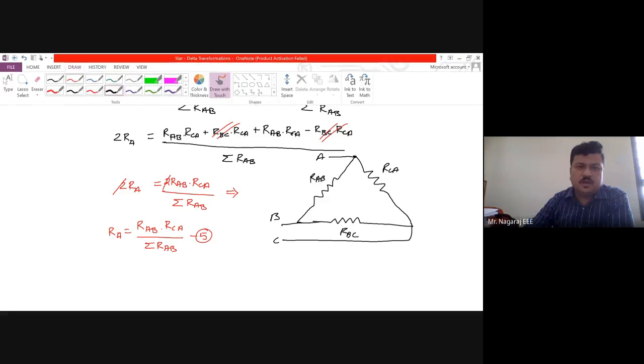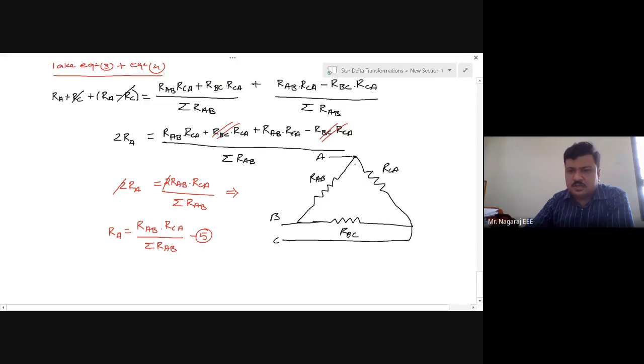I will draw the equivalent star inside the delta itself. So the resistance in star connected to A is RA. The equivalent resistance in star connected to B is RB. And the equivalent resistance in star connected to C is RC.